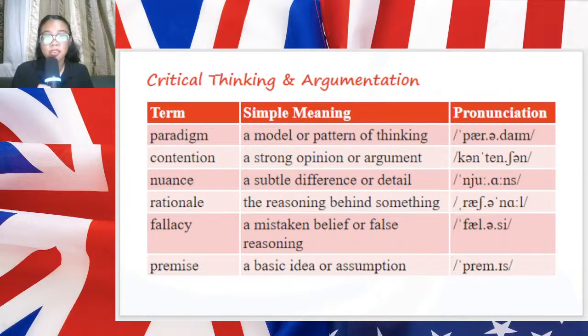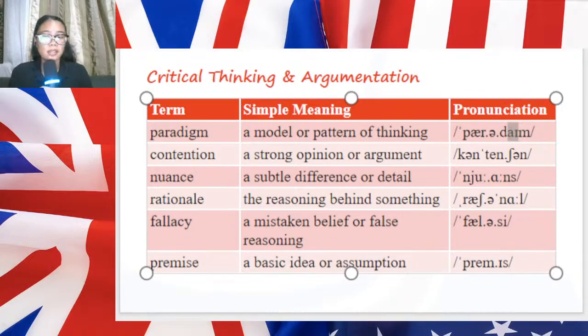It has a diphthong in the middle. Again, what's a diphthong? A diphthong is when a vowel sound smoothly glides to another vowel sound. So vowel sound plus vowel sound, we get a diphthong. Okay? So here in dime, we have a diphthong. All in all, we have paradigm.